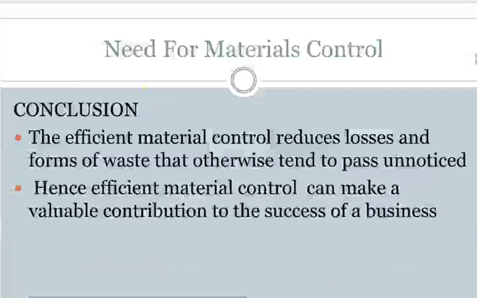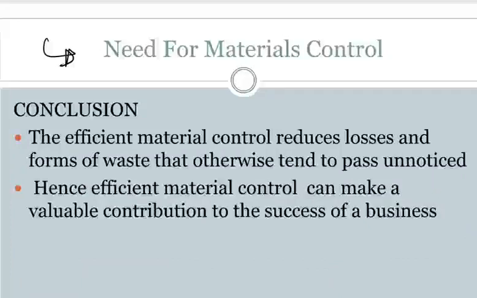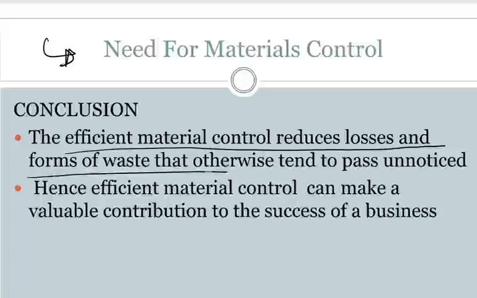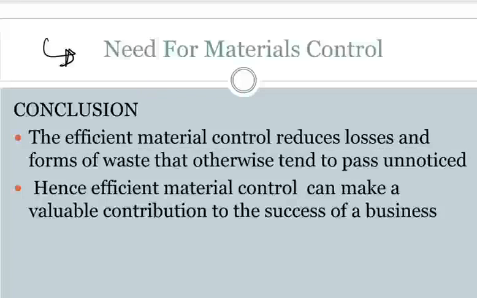So now I can come to the conclusion. Why the need for material control? After looking at why it's a disadvantage to have too much inventory and too little inventory, I can conclude that the efficiency of material control reduces the loss and forms of waste that others tend to pass unnoticed. So when we effectively control our inventory, we will reduce loss, right, and any other forms of waste that may arise, which sometimes we might not notice.